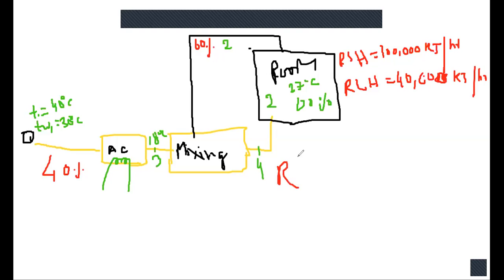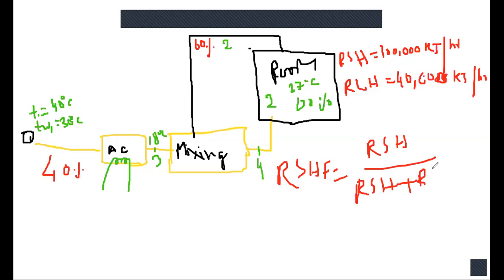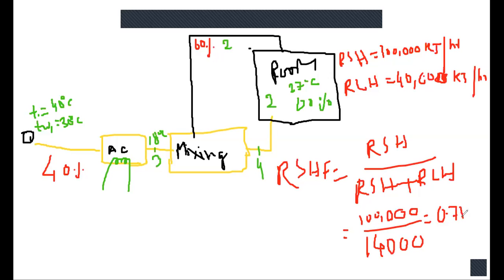That means RSHF equals room sensible heat divided by room sensible heat plus room latent heat, or room sensible heat by room total heat, which is 1 lakh by 1 lakh plus 40,000, means 1 lakh 40,000, which is 0.71.